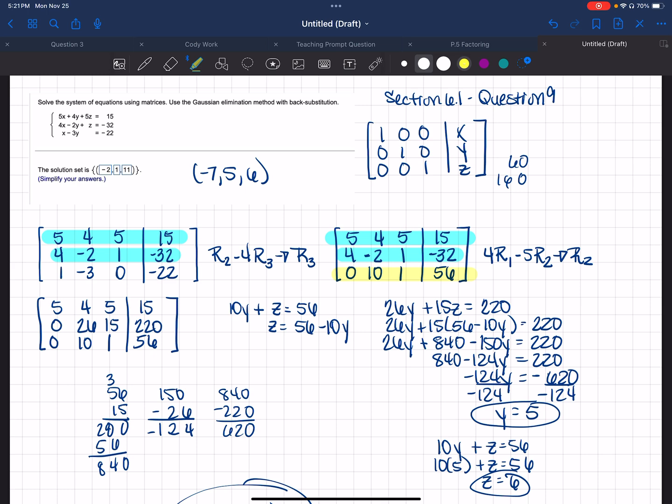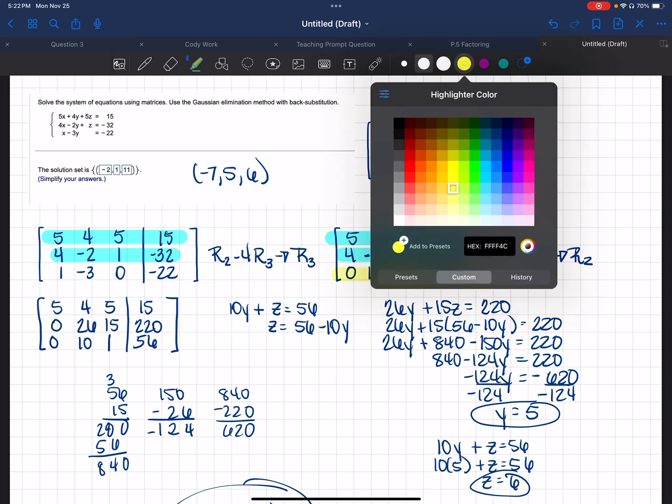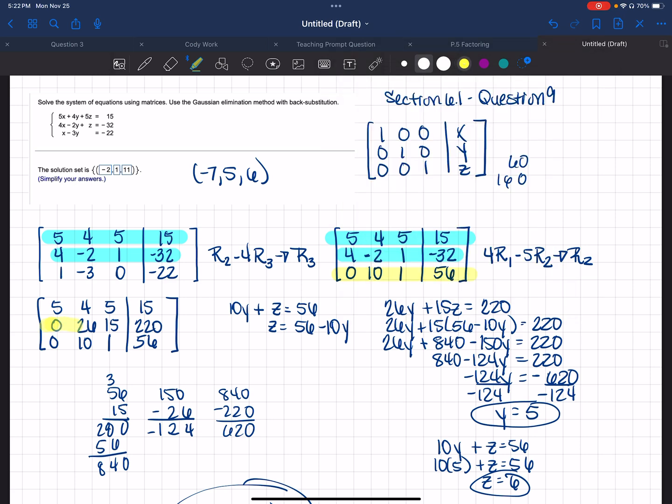Okay? Now, I decided that we are going to change row 2. So I'm going to try to get a 0 here in that spot in row 2. So I'm going to say 4 times row 1 minus 5 times row 2 to give me row 2. That's going to give me 20 minus 20, which is 0.